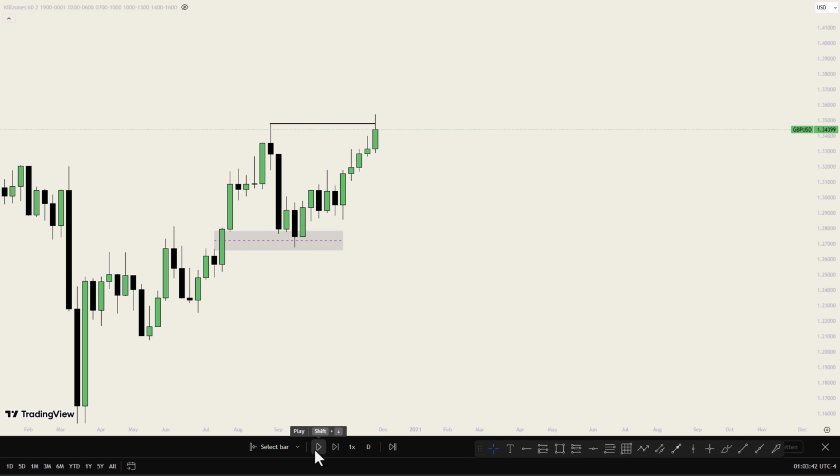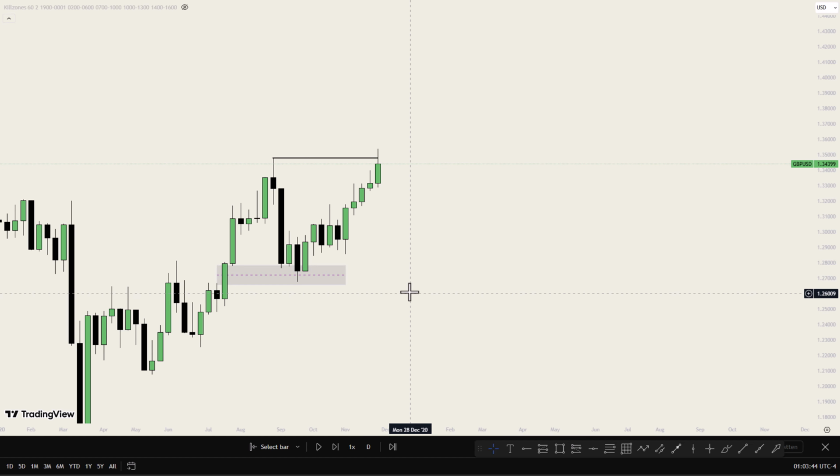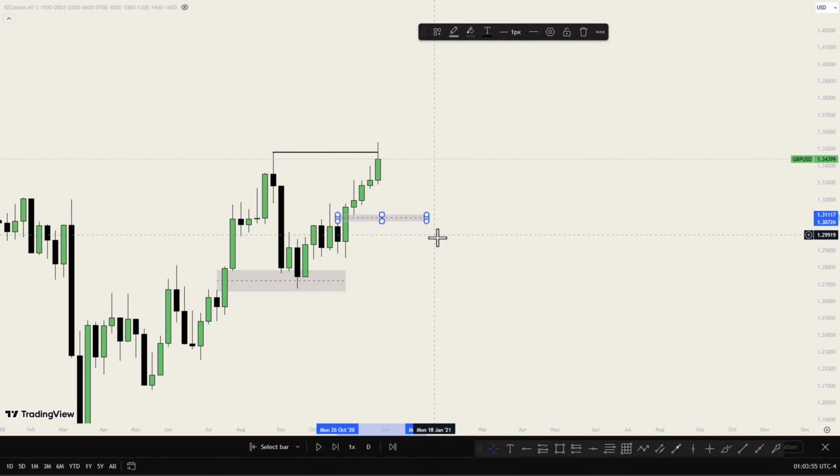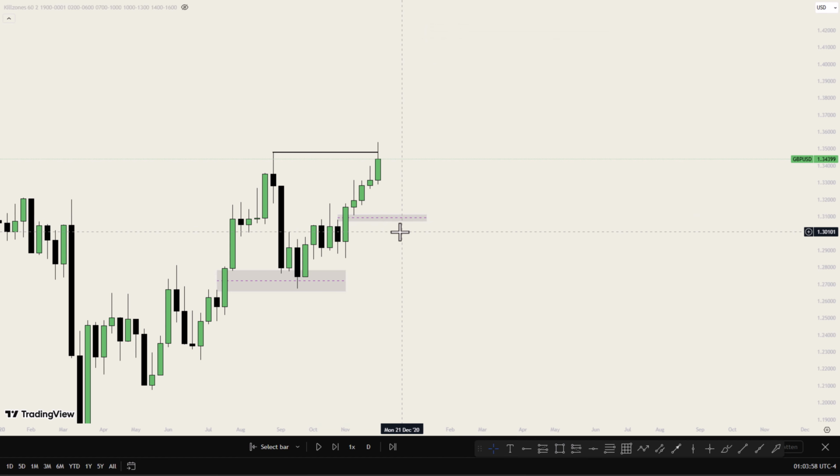So we see price has taken out the external range liquidity. Now where will be the next target? The next target will be the internal range liquidity, and we have this fair value gap at this point. Let's see whether price will be coming to this fair value gap.